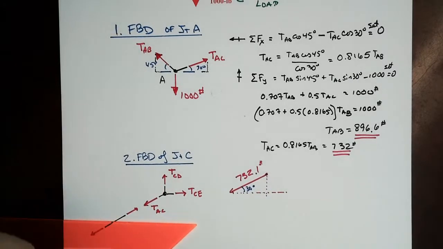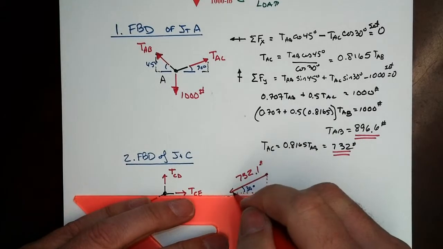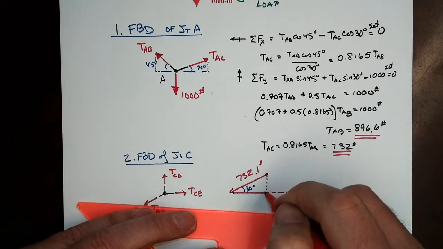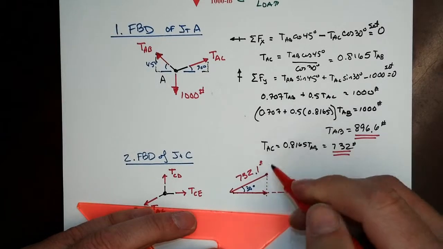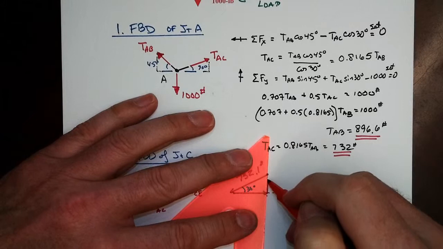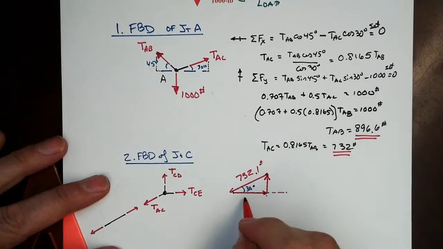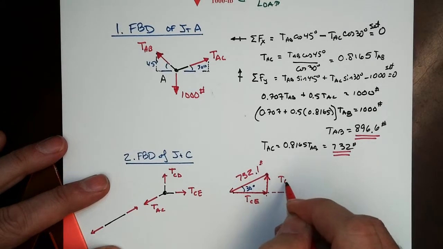Boom. And then I've got TCE going to the right, and where it intersects with the line of action with the vertical, then I know it ends, because then I have to have one going up that gets me back to the original place. So there's your TCE, there's your TCD.